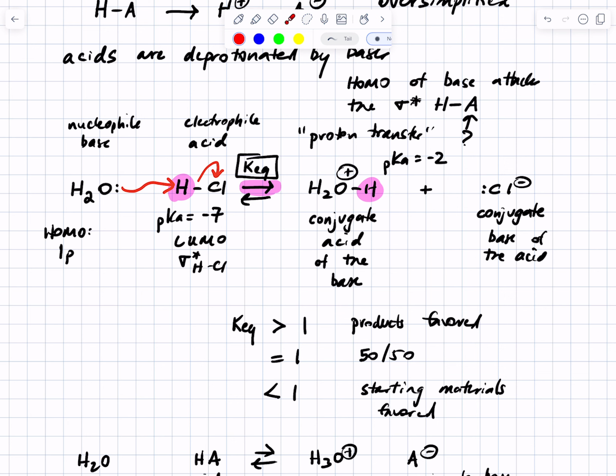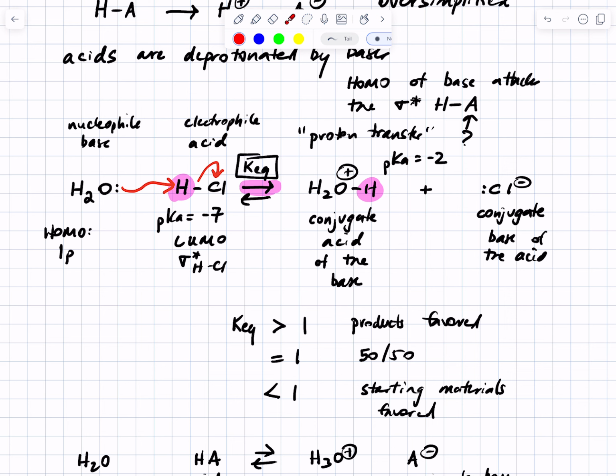That means when you go buy a bottle of HCl from the stockroom, if you've ever done anything in a lab class, what you're really buying is H3O+ and Cl-, because in the presence of water, all the HCl loses its proton to water. By the way, the difference in pKa's tells you how much more favorable the right-hand side of the equation is than the left-hand side.